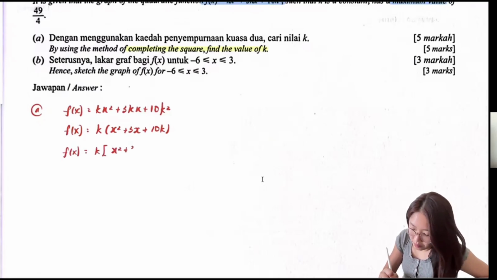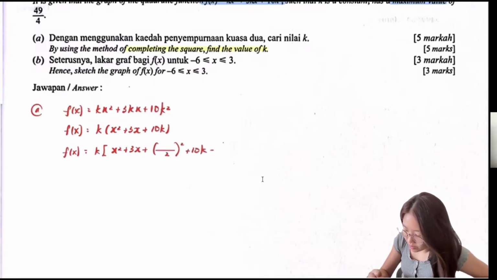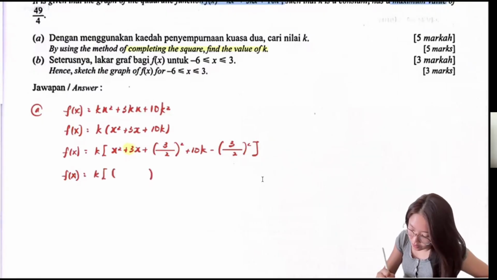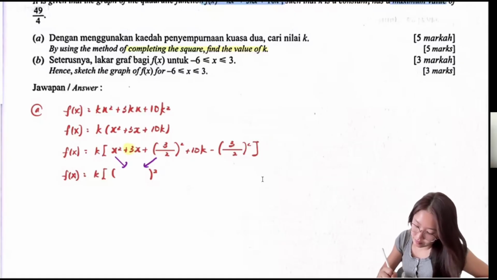So x squared plus 3x plus bracket square inside divide by 2, and then plus 10k minus bracket square over 2 inside. What is divided by 2? The number in front of x power 1, so that's 3. Then f(x) equals to, complete the square, bring down your x and the first bracket.